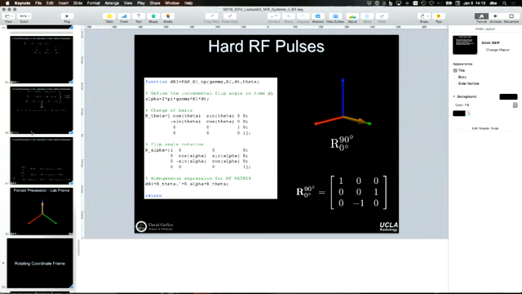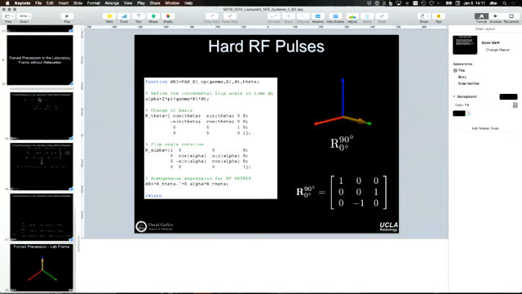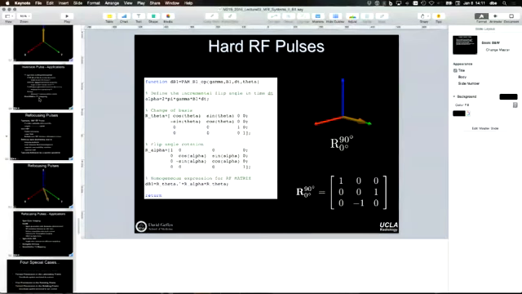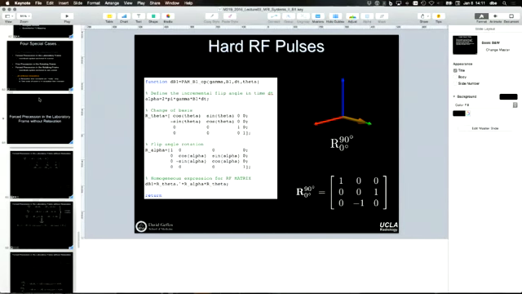Yeah. So this is how it actually is in physical space. Z going out. So Z is the same as the current going along there.